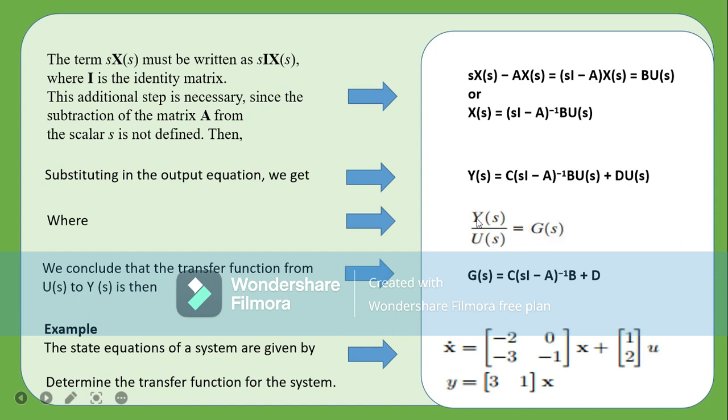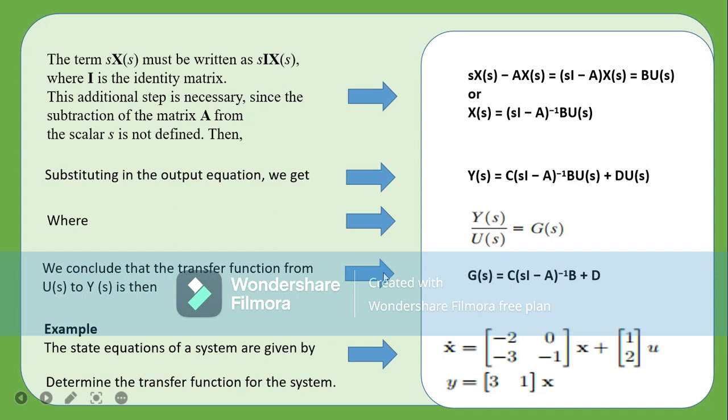So now we have developed an expression for the system output y of x. So of course we can say G of x is equal to y of x all over u of x, and that's going to be what we have here.